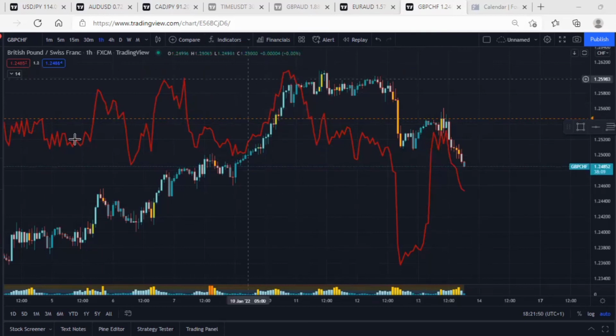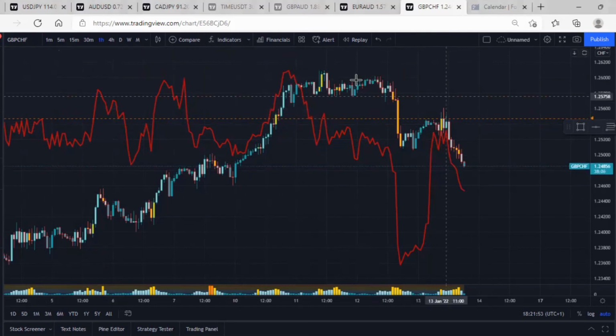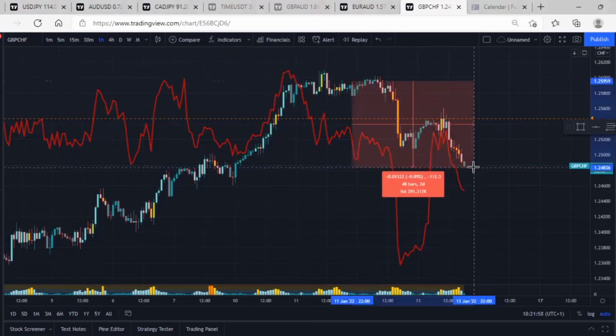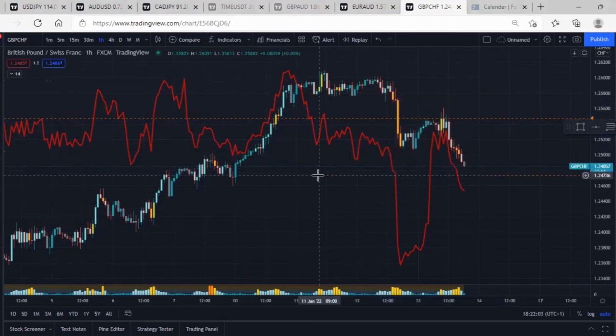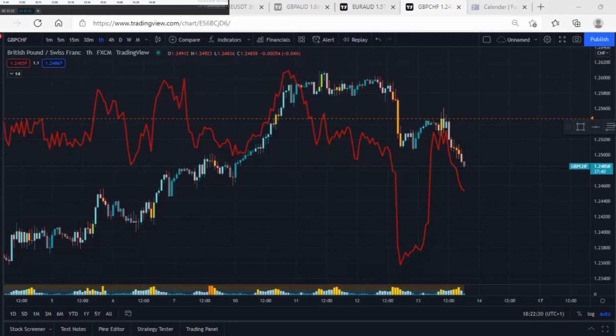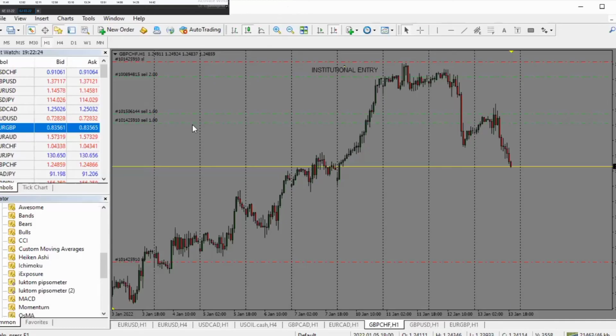So far so good. The market has been moving in favor. So right now we are sitting on over 100 pips on GBP/CHF, which is very, very good. So let me show you. All right, so this is it now.